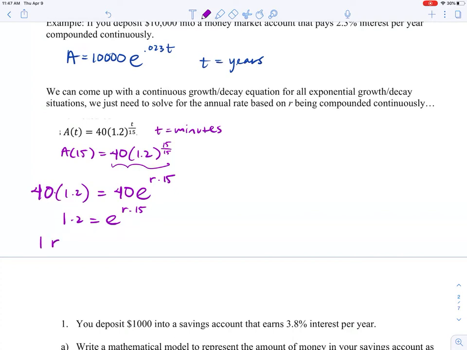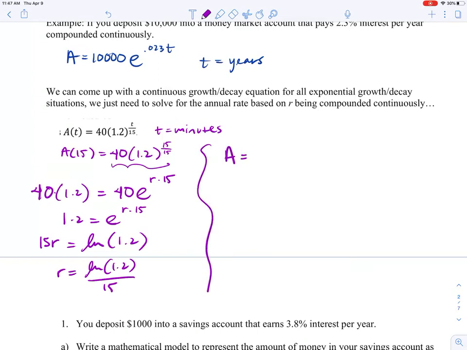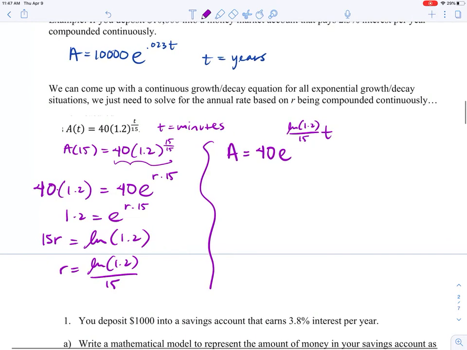And then to solve for r, let's rewrite this in logarithmic form. So that's 15r equals natural log, right? Because log base e, the base is e, of 1.2. So r would be equal to ln of 1.2 divided by 15. So the equation would be A equals 40 times e to the natural log of 1.2 divided by 15 times t. And t is still in minutes.